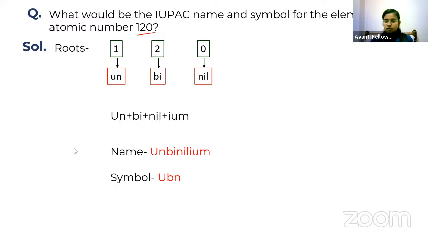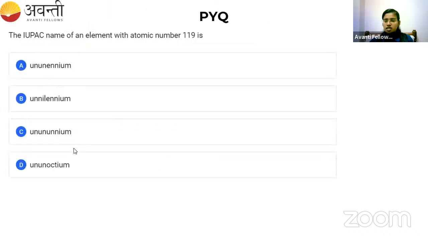Okay, great. So now let's take one previous year question from this topic. So this is the 2022 NEET question. The IUPAC name of an element with atomic number 119 is.